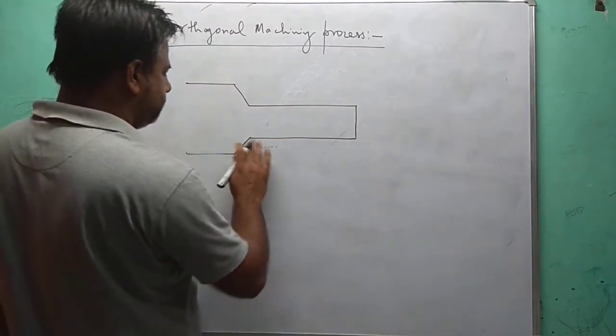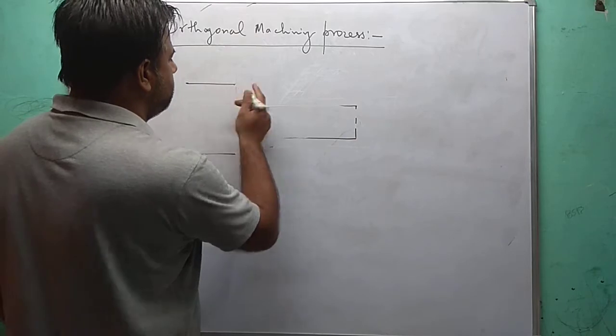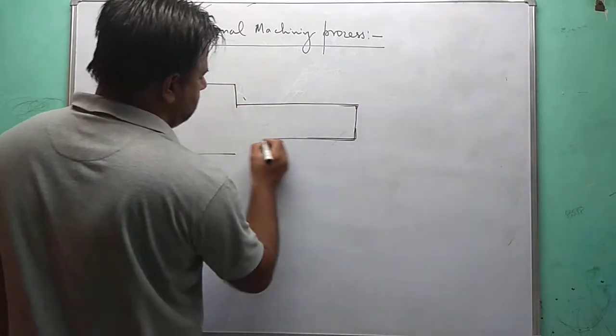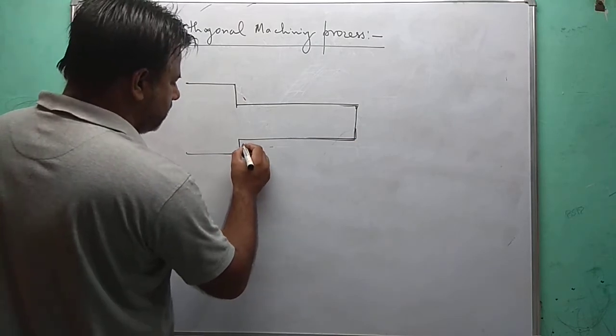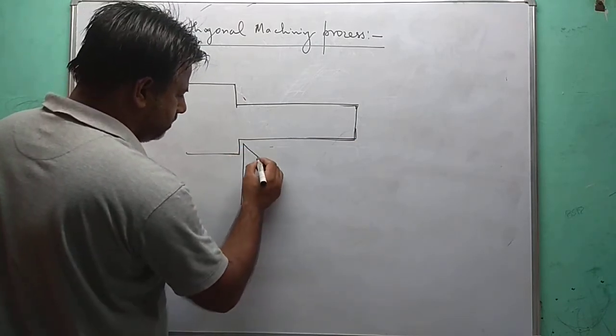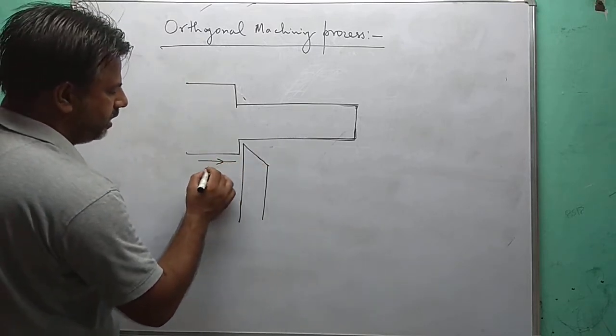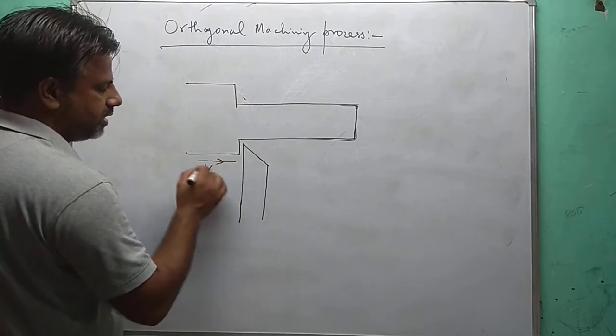This is a workpiece like this, and the cutting tool is like this, and the relative velocity, or cutting velocity, is v.